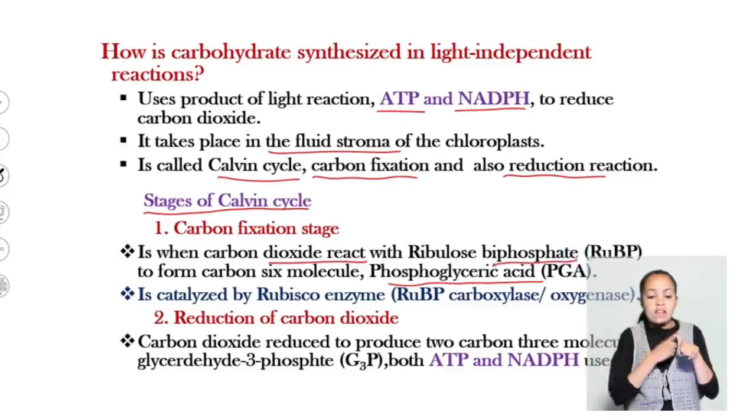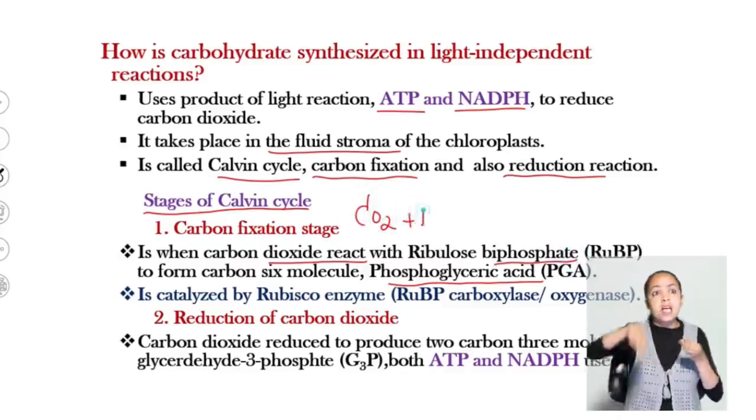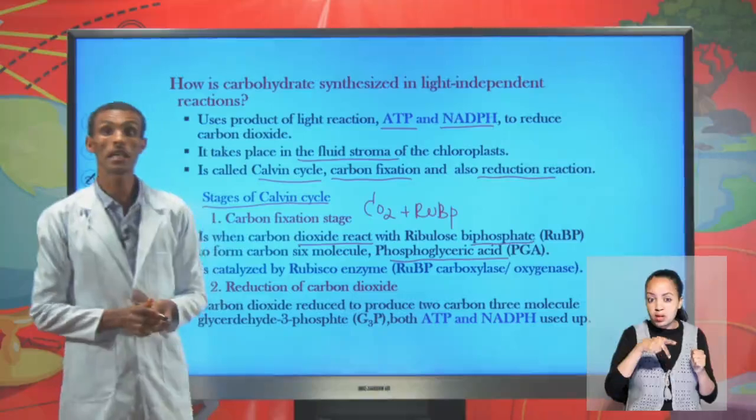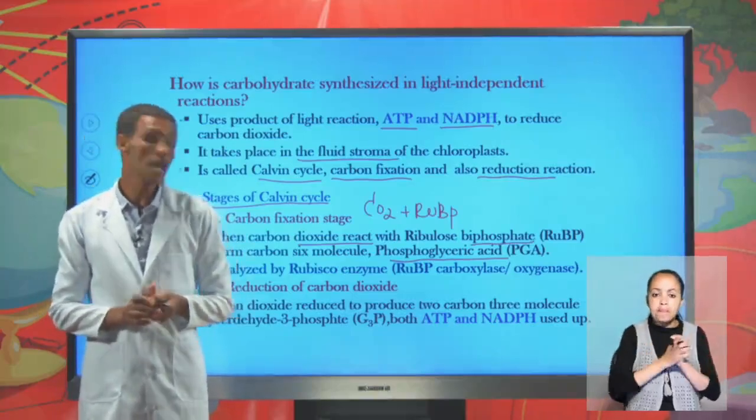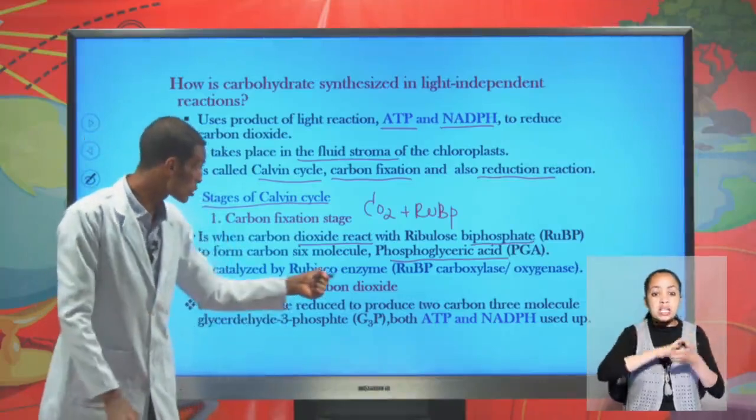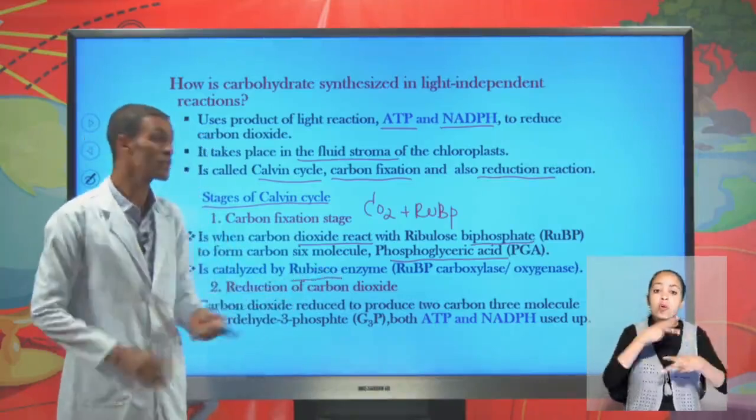The first immediate molecule that fixed carbon dioxide from the atmosphere reacts with is ribulose bisphosphate, where the reaction is catalyzed by an enzyme. The well-known enzyme involved in this process is the Rubisco enzyme.